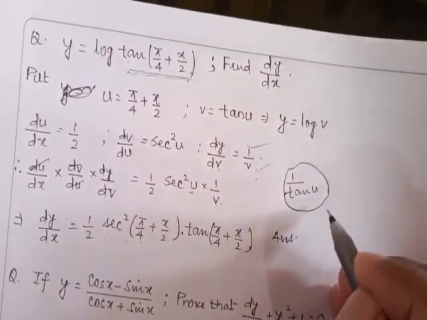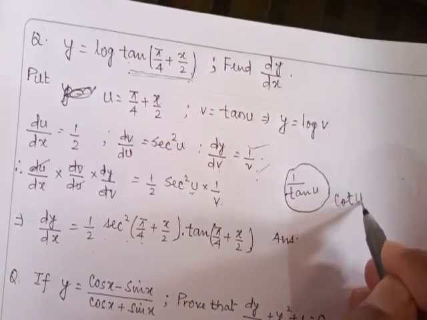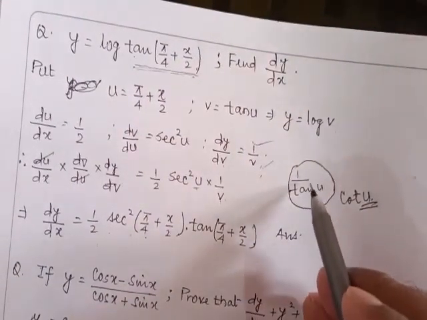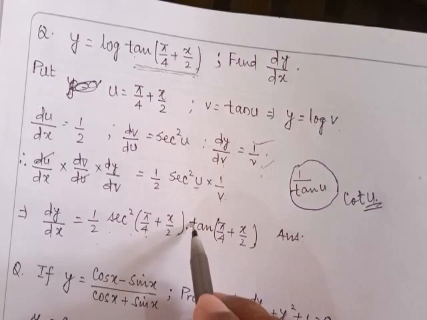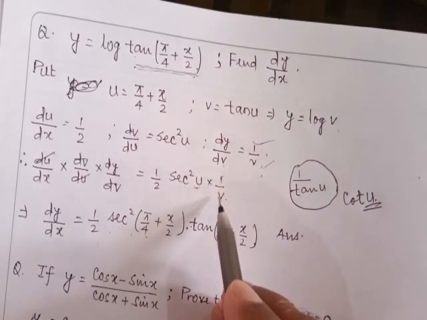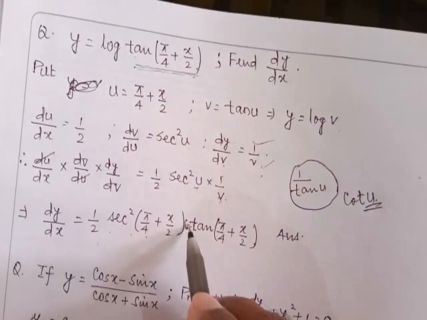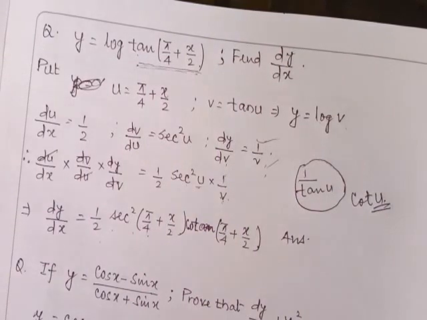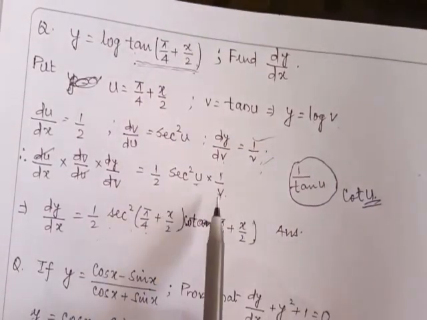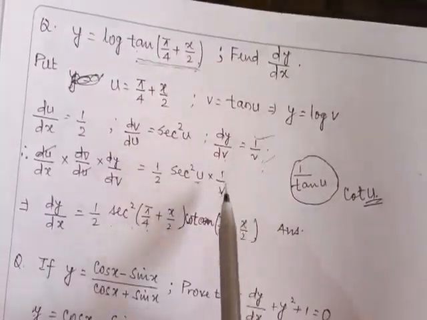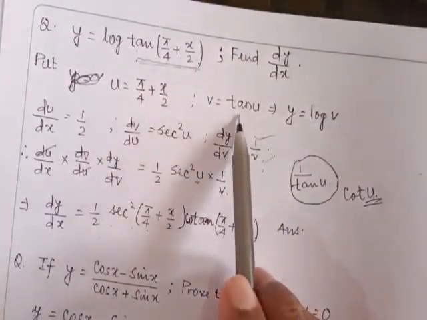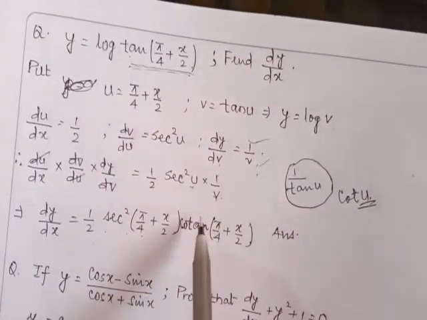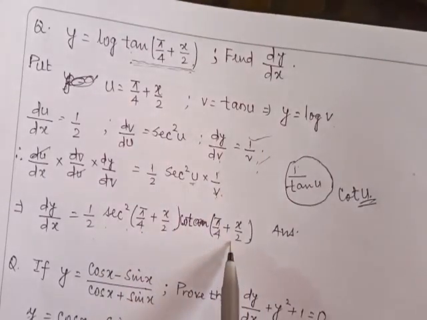Finally put the value of u, then it is cot of pi by 4 plus x by 2. Cot u means cot of pi by 4 plus x by 2, which is your answer.